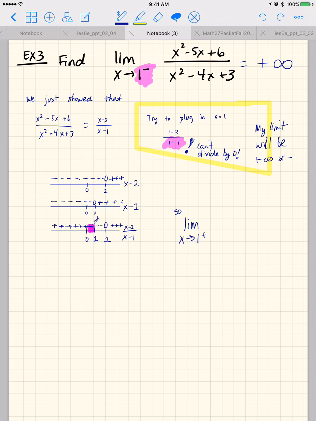Now this step right here of doing the analysis confirms that the limit is plus infinity.